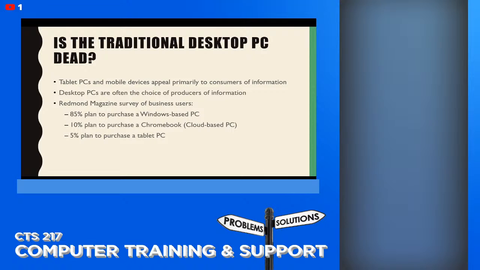And I think by and large, we're seeing a trend that's starting to go more mobile as well, with cloud-based PCs or tablet PCs or laptops.